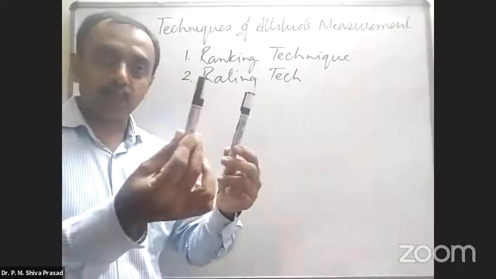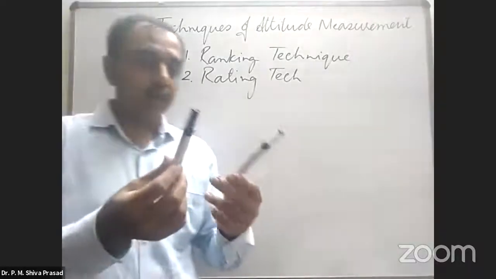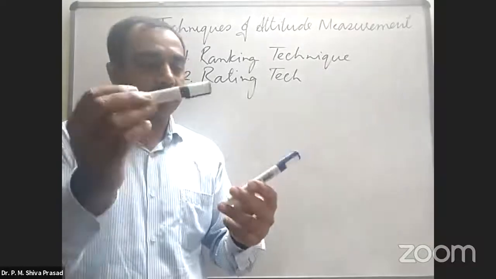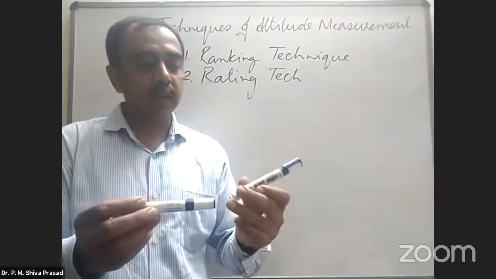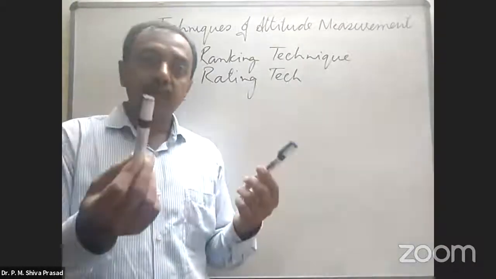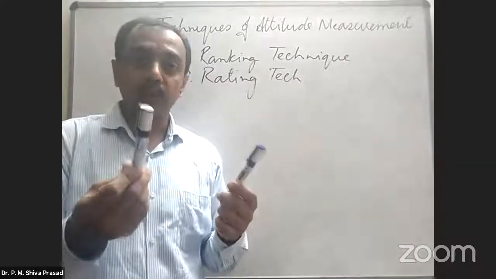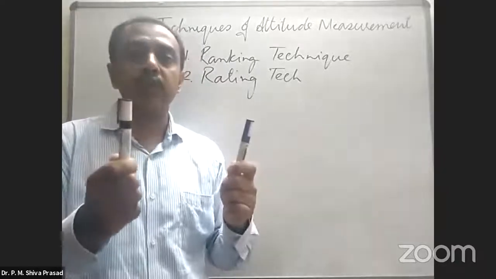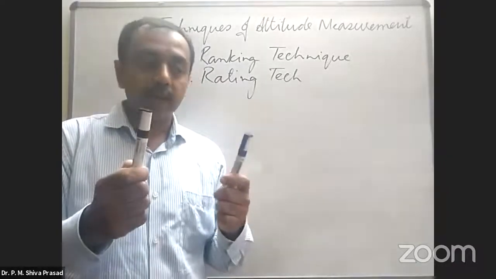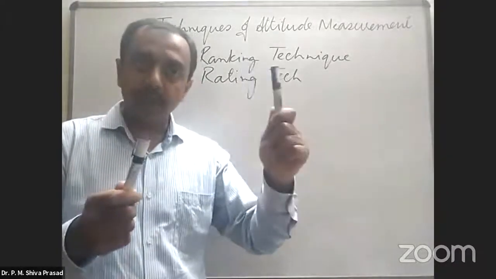Say these two are products available in the market from competitors. This is from Chorus and this is from Camlin. Which product is good? What is my rating with respect to the quality of these two pens? Probably I will rate this as number one and this as number two.